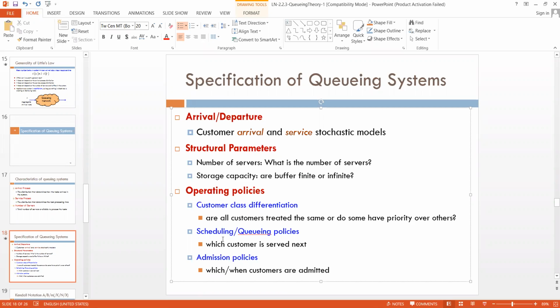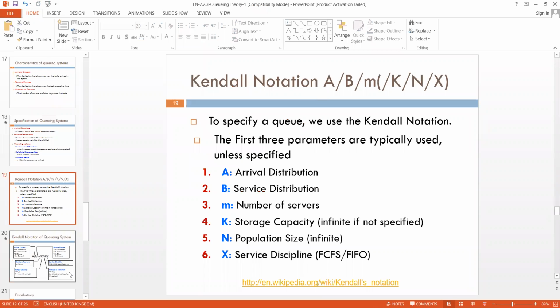There is a scheduling, how customers are served, how are they moving to be served. And we also have admission policies. I think we understand that. Then the next one is the Kendall's notation, which, like you've mentioned, you've seen this before. So we have the A, which is the arrival distribution.